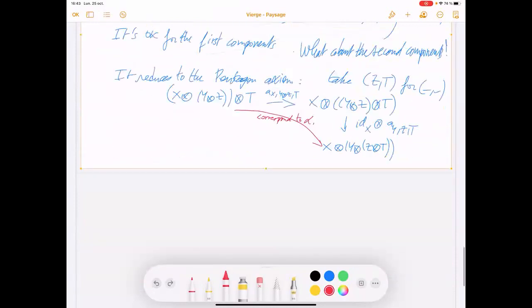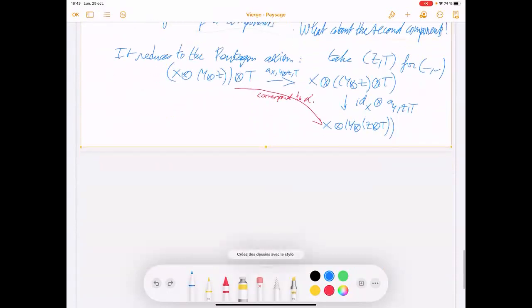And now the other piece. So here I will draw like that.